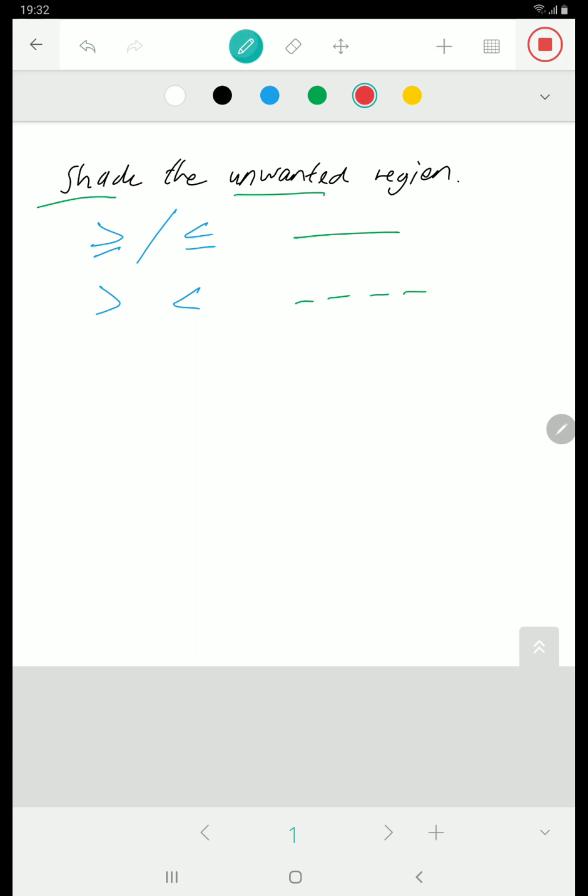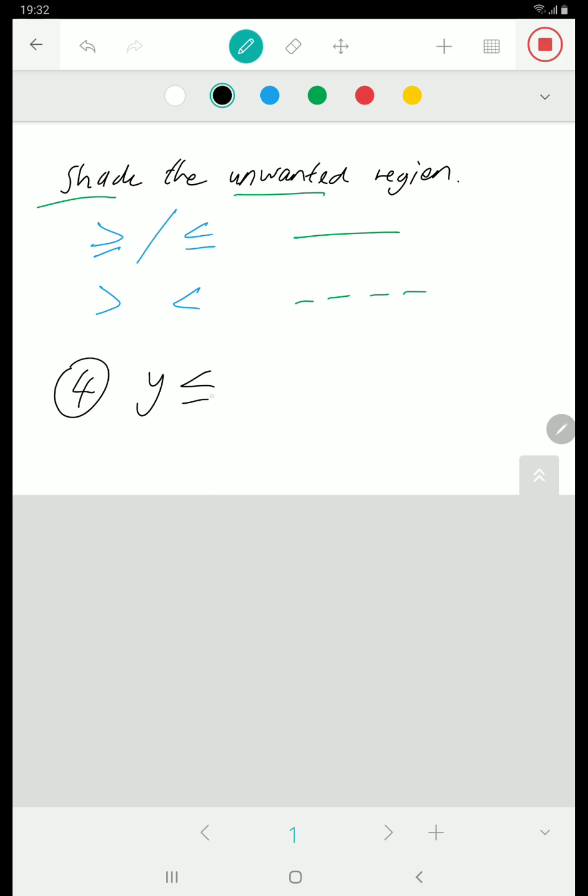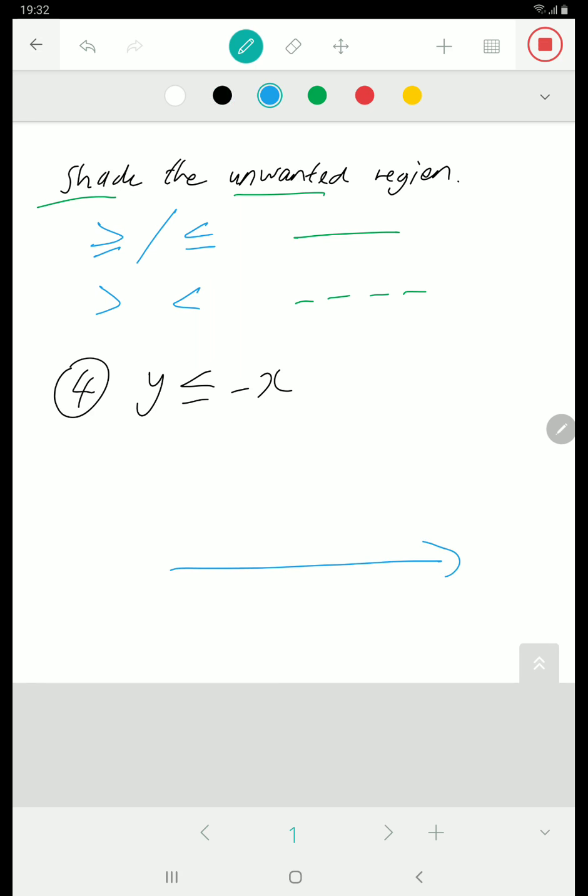Let's say number 4. Shade the unwanted region for y less than equal negative x. So how do you draw at first? You must draw the line first. Okay, how are we going to draw the line?